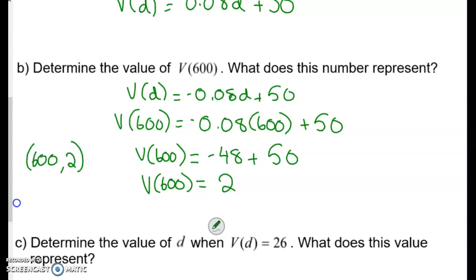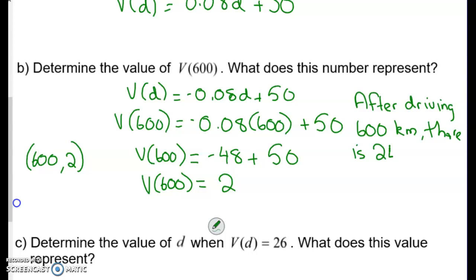So after driving 600 kilometers, there are 2 liters of gas remaining in the tank.